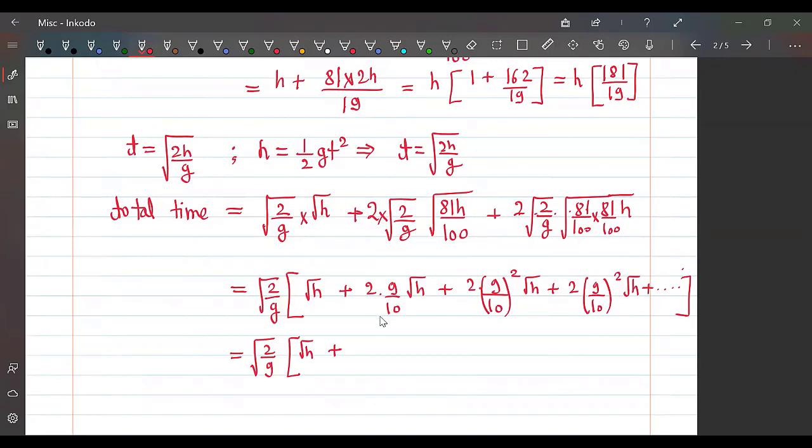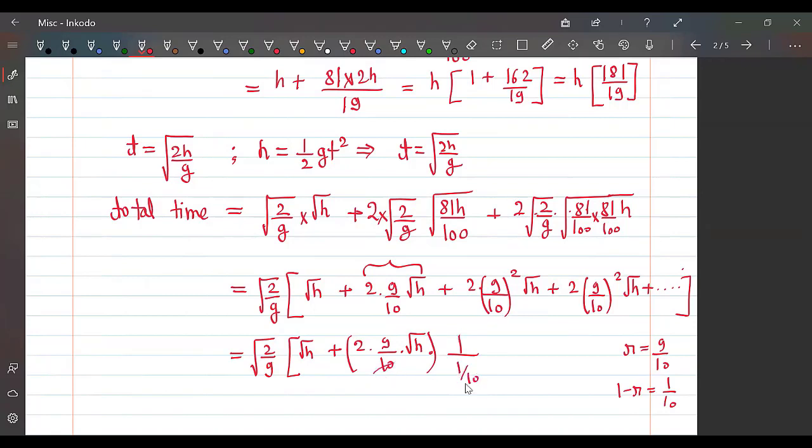And here this quantity will become a, and the common ratio r will become 9 by 10. So a divided by 1 minus r. 1 minus r will be 1 by 10. So I put, this is our a, divided by 1 minus 9 by 10, so 1 minus 1 by 10.